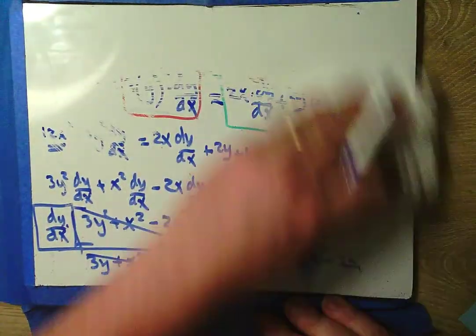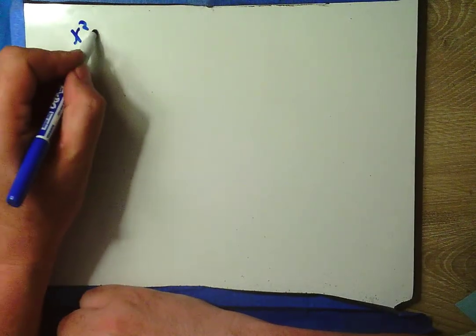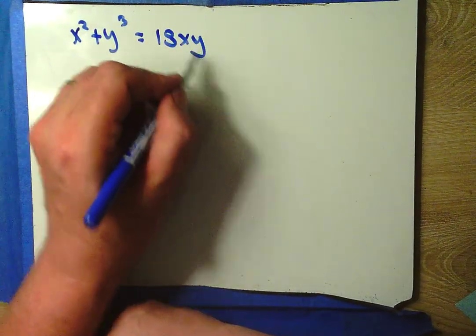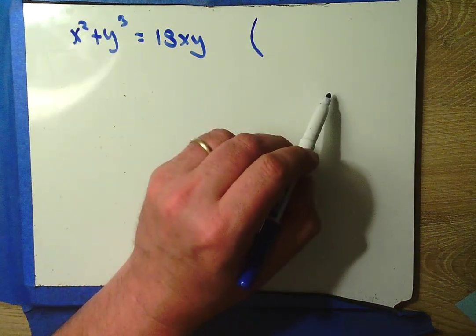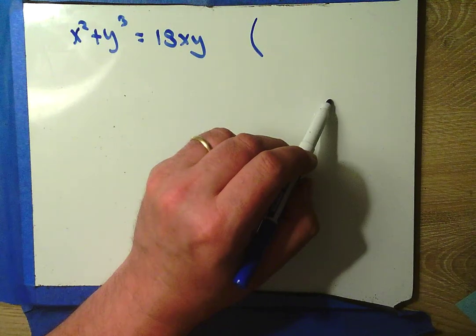Now we may also be called upon to do our implicit differentiation to find the derivative at a point, like if I were going to write the tangent line. So if I have x squared plus y to the third equals 18xy, and I want to know the slope at 0, 1? No, that doesn't make sense.